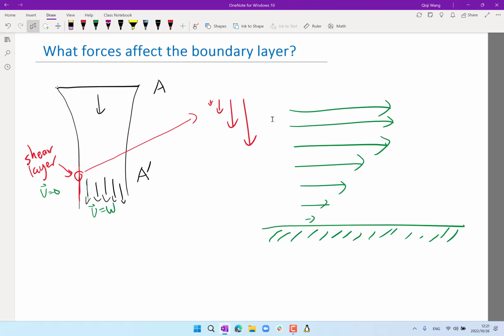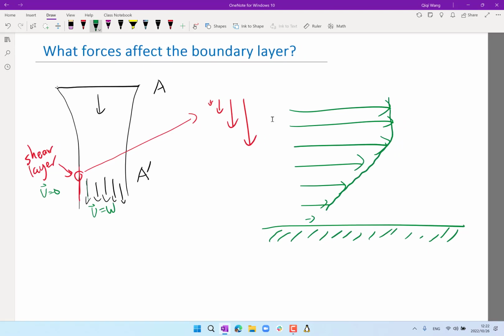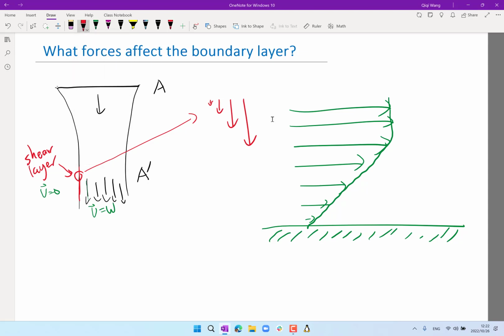If the boundary layer gets depleted in momentum, does it grow thicker or thinner? Thinner? Actually, let me ask a question. This is a boundary layer profile, and I would draw a similar boundary layer with the same free stream velocity, but thinner.